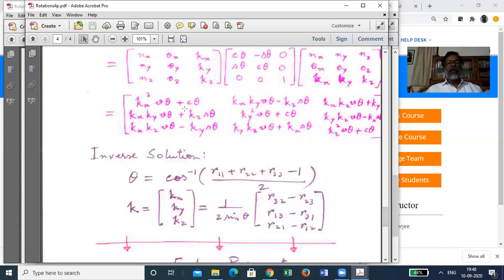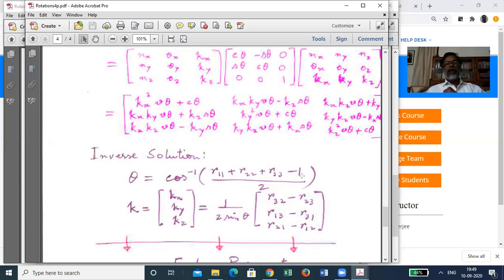You see, if you add these three, then with versine theta, you will get kx square plus ky square plus kz square, which is 1. And versine theta is 1 minus cos theta. And the 3 cos thetas that you get, so 1 minus cos theta plus 3 cos theta. That makes it 1 plus 2 cos theta.